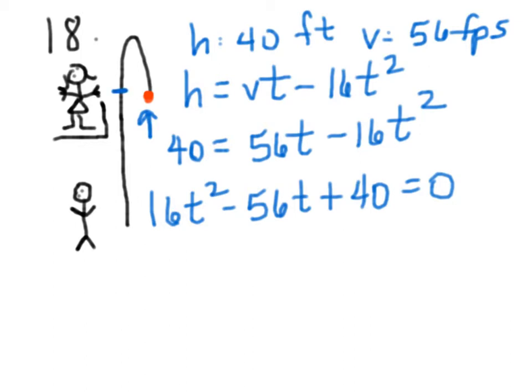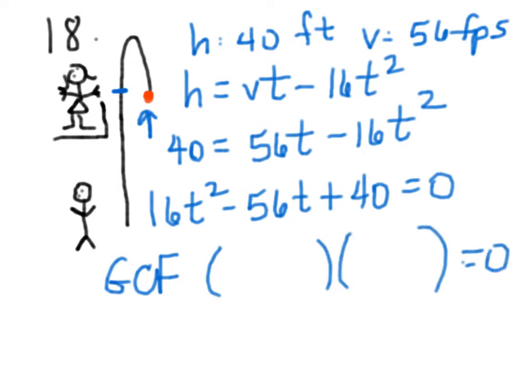We want the time for when she catches it. First, before you factor this, look for the greatest common factor. I will give you a hint. It is not 4. Keep going bigger. So look for the greatest common factor, factor it out first, and then go for your two parentheses. Use the bigger of the two numbers.